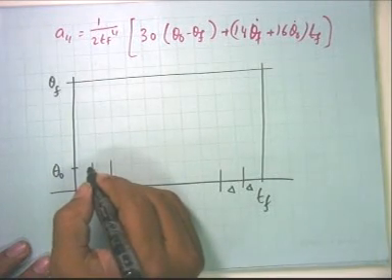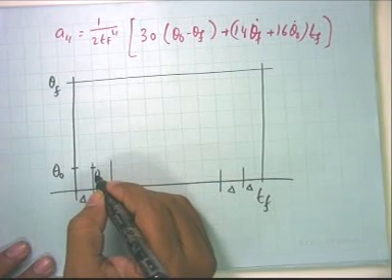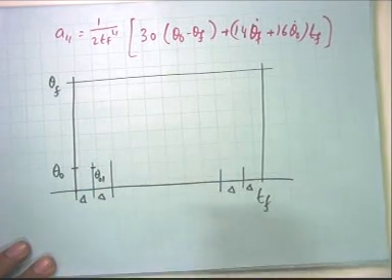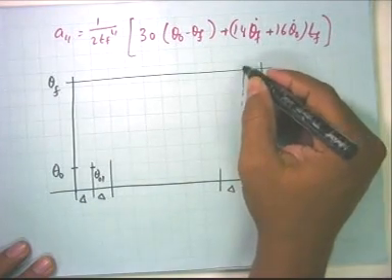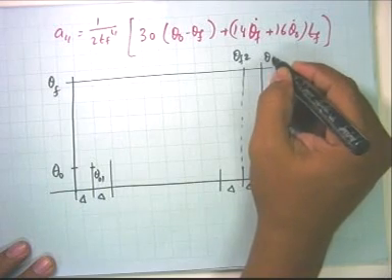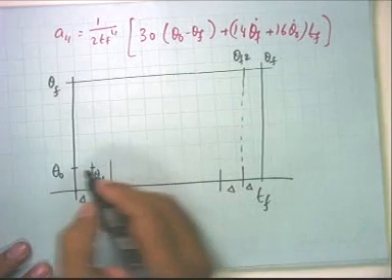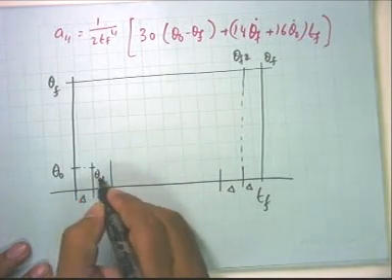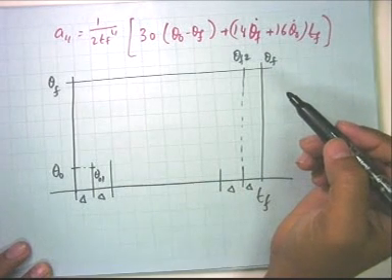So, I choose a value here which is theta 01. I choose a value here which is theta f2. This is theta f here. Then I take these values in such a way that theta 01 is equal to theta 0 and theta f2 is equal to theta f.